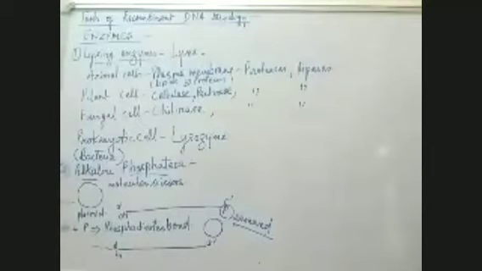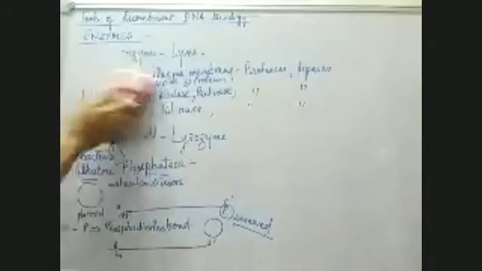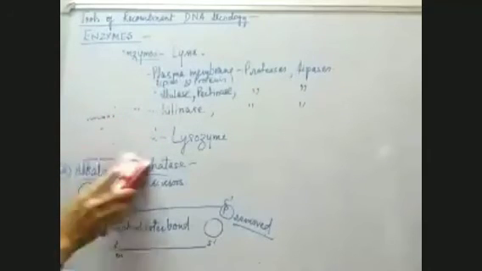We come to the next enzyme. Now, one more enzyme is very important. Today we are doing enzymes, so I'll tell you all the enzymes which are used in DNA technology.